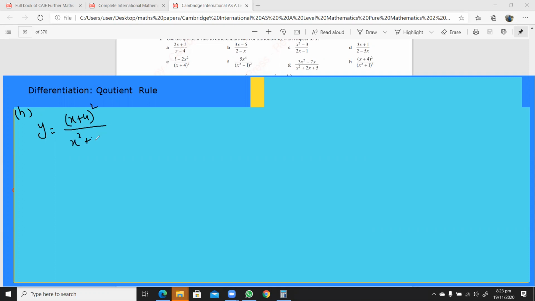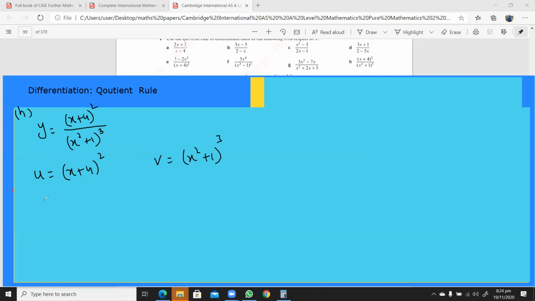Can you please confirm that, because I can see this. I think this is cube. Yes. Okay. So we have u equal to (x plus 4) whole square and v equal to (x square plus 1) whole cube.